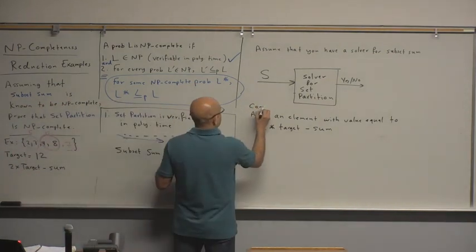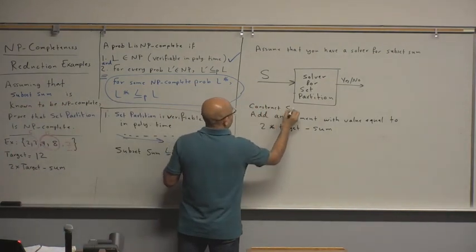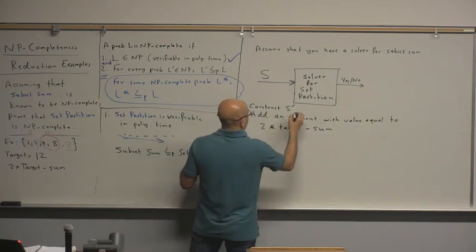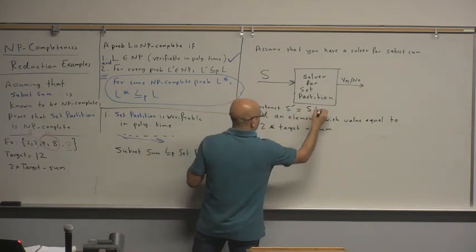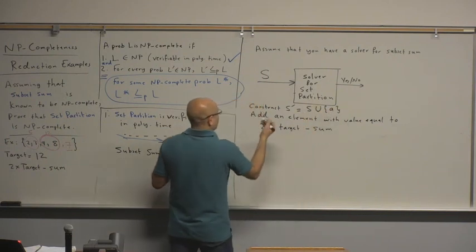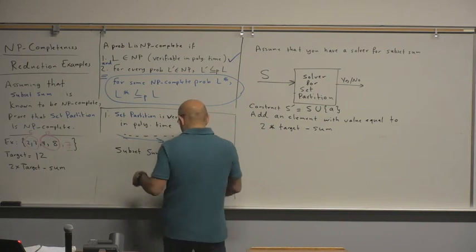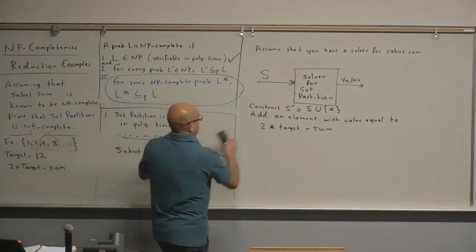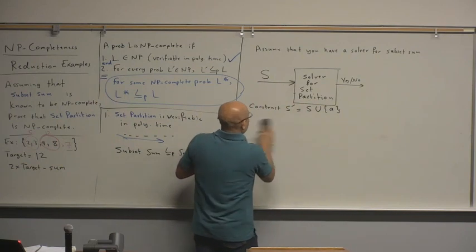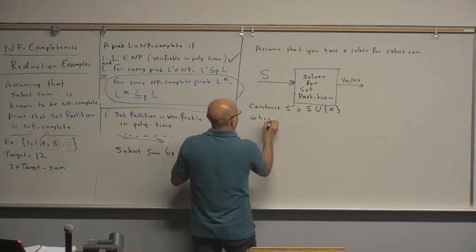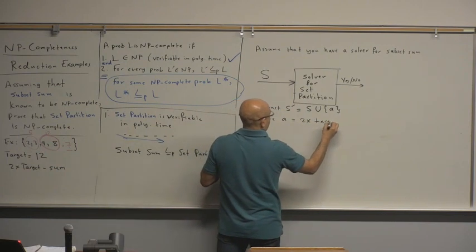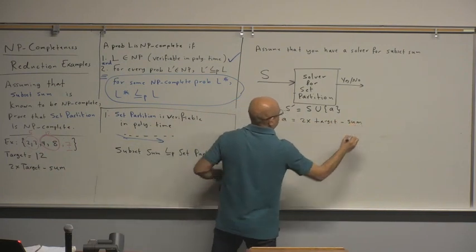You can say construct S prime equals S union A, where A equals 2 times target minus sum.